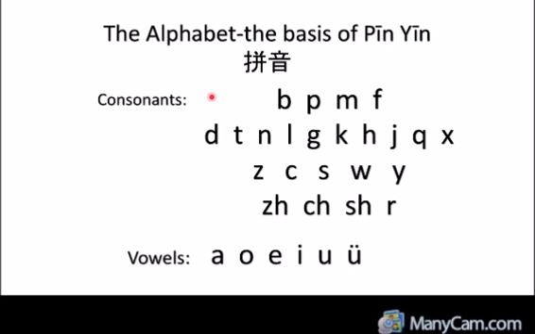So in Pinyin, you will come across initials, i.e. beginnings, and finals in lesson 3. So just a brief intro. Consonants are used as the initials, so the initial part of Pinyin.